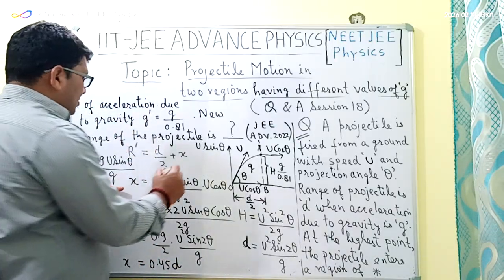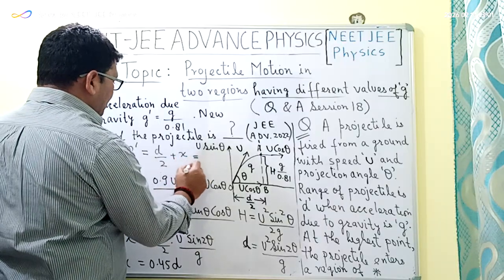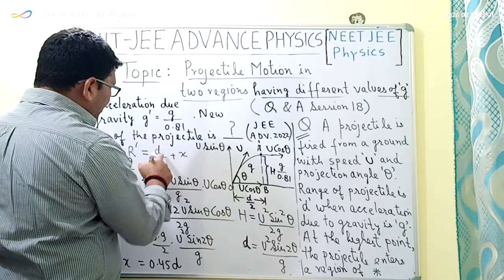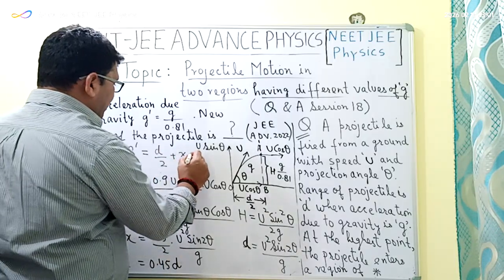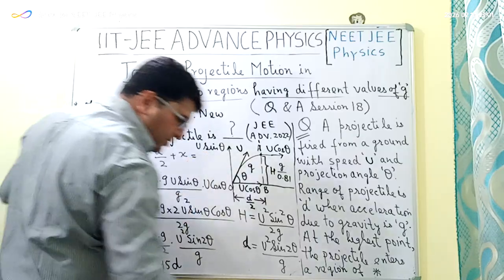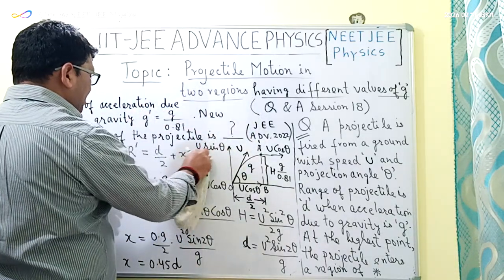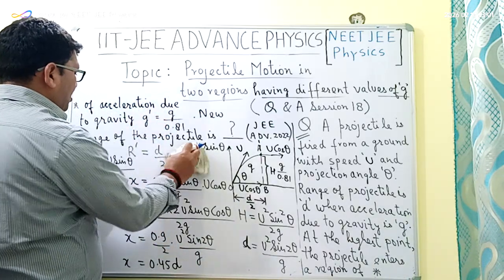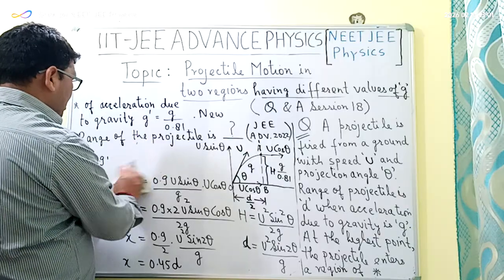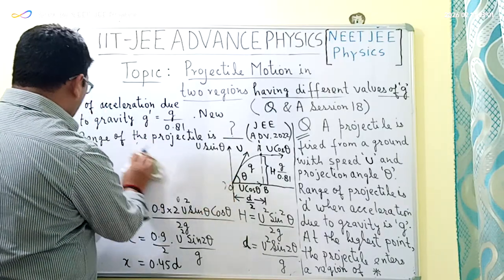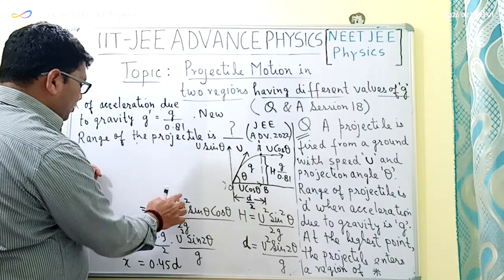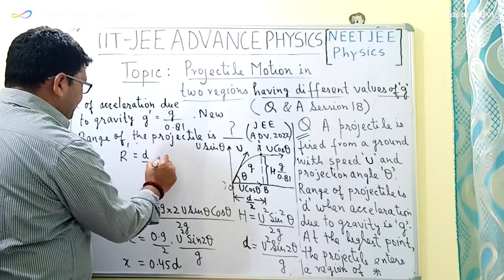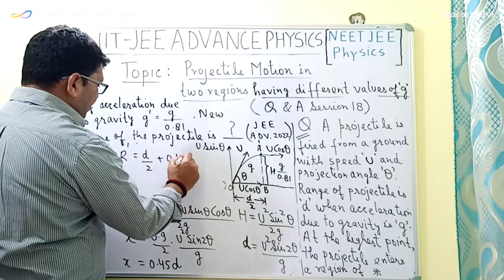So the new range r dash will be equal to d by 2 plus 0.45 d.